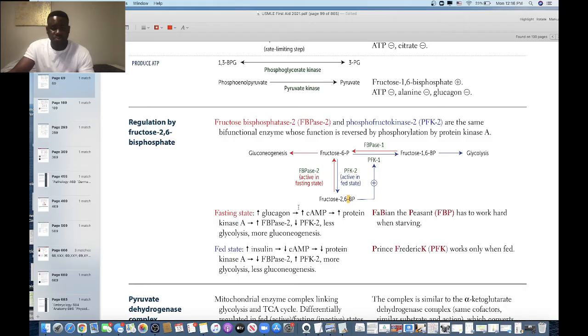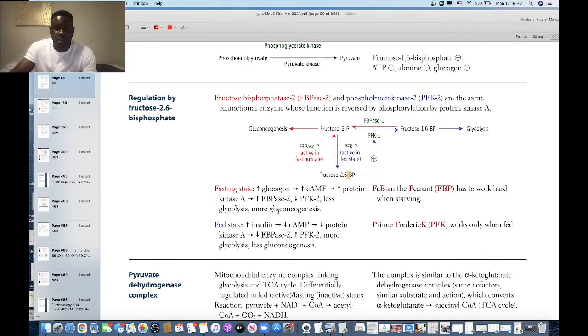Yeah. Now, in the fasting state, what happens? We make glucagon. So the alpha cells of the islets of Langerhans of the pancreas will make glucagon. In the fasting state, we make a lot of glucagon. Glucagon can also stimulate what? Cyclic AMP. This one is very important. Glucagon increases cyclic AMP.